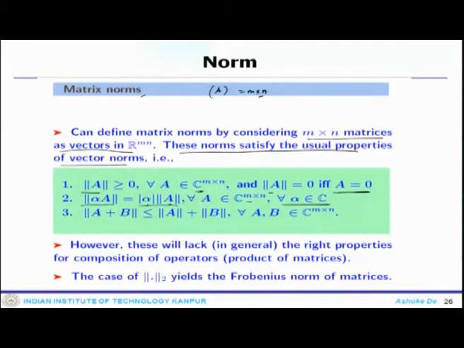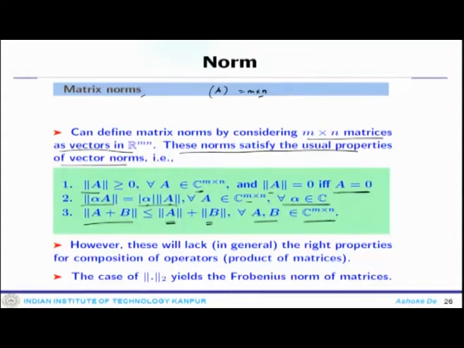And third, which is an inequality, the magnitude of the addition of these two matrices must be less than or equal to mod A plus mod B, for all A, B belonging to Cmn.